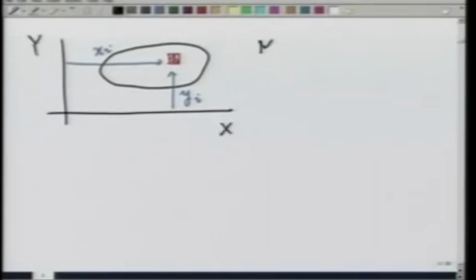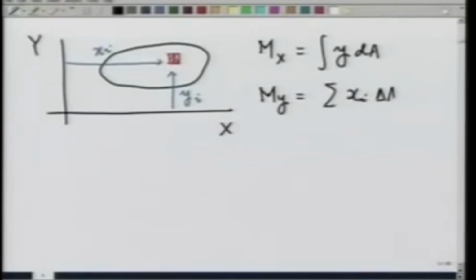I define my first moment about the x axis as integral of y dA, and similarly I can define My, the first moment about the y axis, as summation x_i delta A_i, which in the limit of continuous area becomes integral of x dA. These are the definitions. So, we have the first moment about the x axis and the first moment about the y axis.